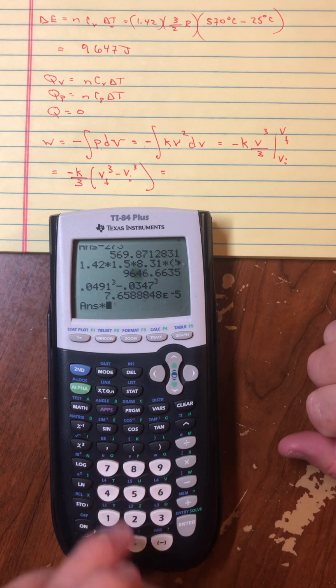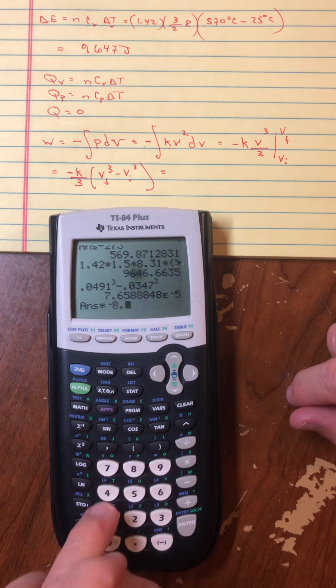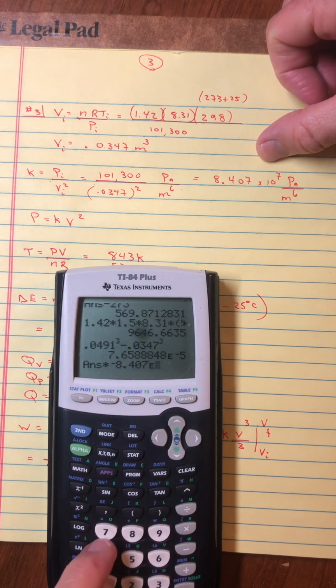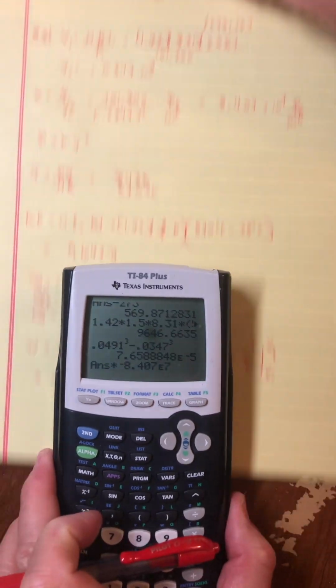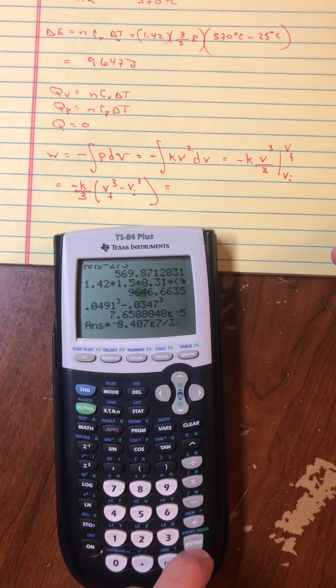Now I'll multiply it by a negative K, and the K was 8.407 times 10 to the, what was it, 10 to the 7th here. Okay, good. And then all of that is also divided by 3.